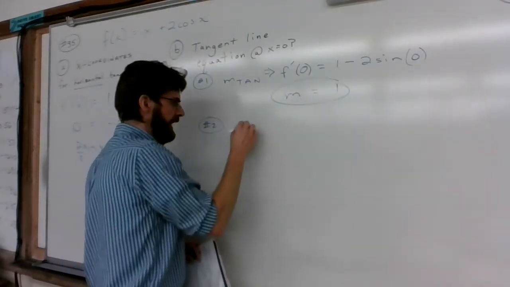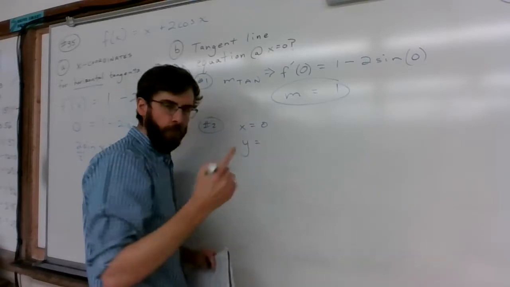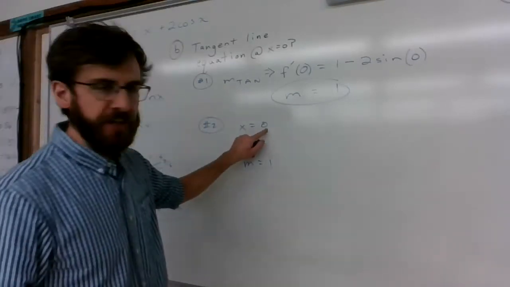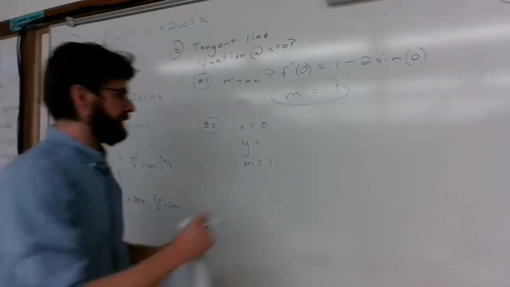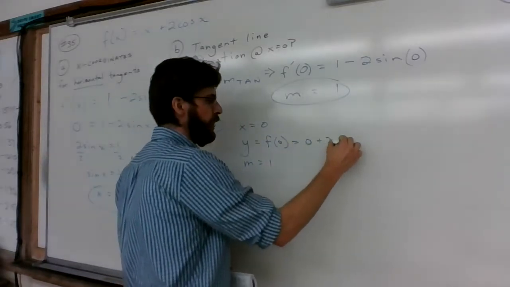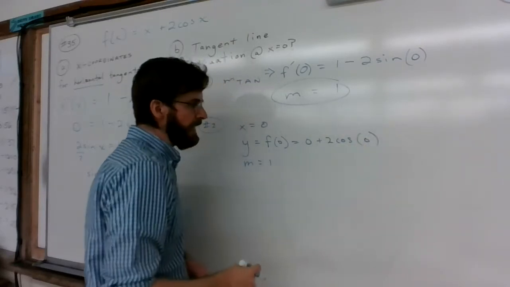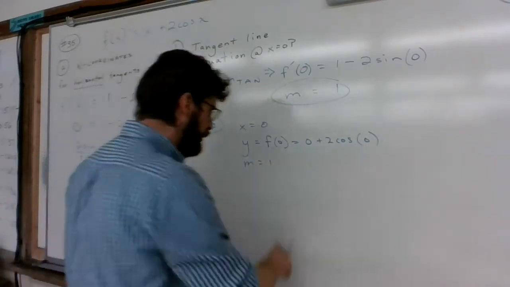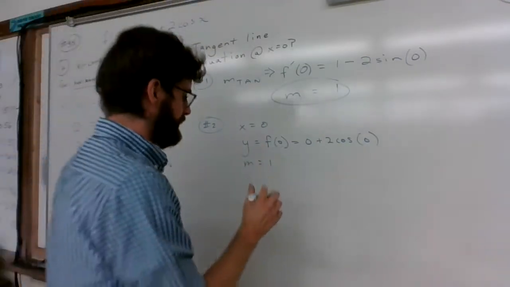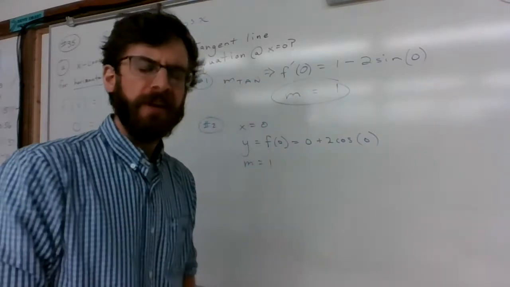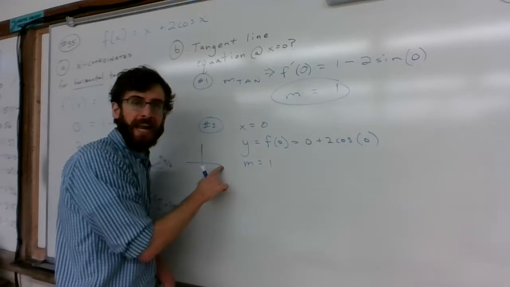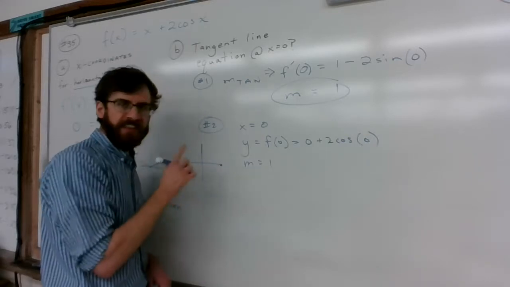Step 2, x equals 0, y equals, we got to find it, and we know what m is, it's 1. So you'd plug 0 into the original function, which is 0 plus 2 cosine of 0. Now, if you think about the unit circle, here's 0 radians right there on the x-axis.